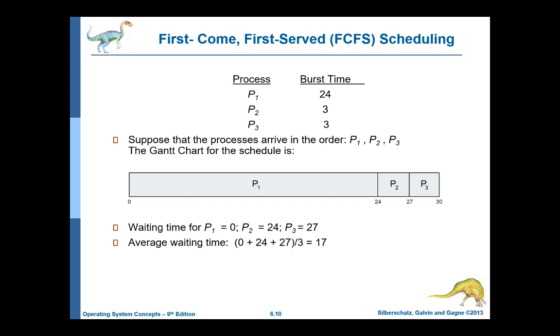And maybe after that it may terminate or it may go to waiting state, or it may do something else. So here are three processes, and for each process we have a burst time. Now the arrival order is such that P1 comes first, then P2, and then P3.